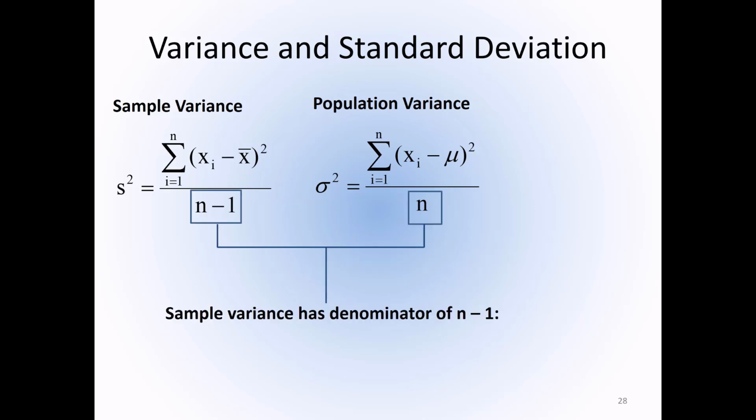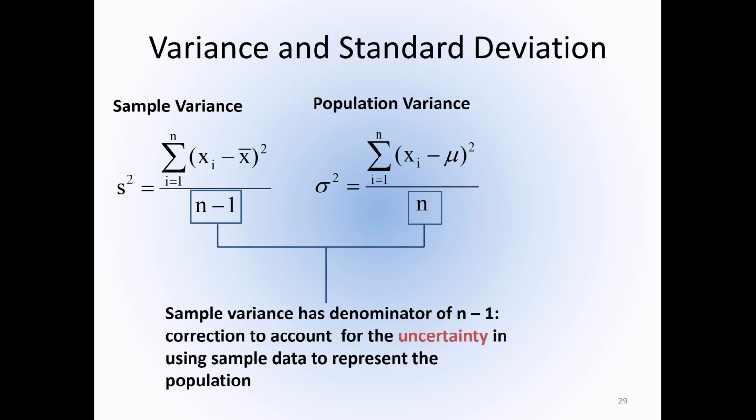Another key difference is that the denominator is different. For the sample variance, the denominator is n minus 1 rather than n. This change is a correction to account for any kind of uncertainty that we might have based on our sampling data. It's unlikely that our sample perfectly represents the population, and so this makes our estimate a bit more conservative.